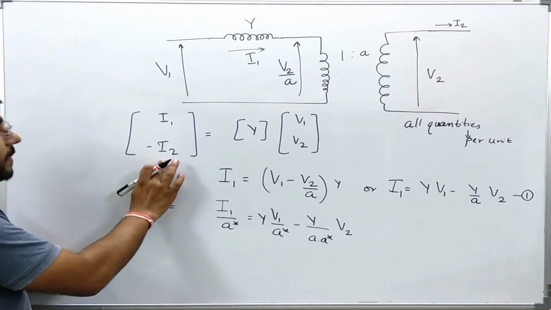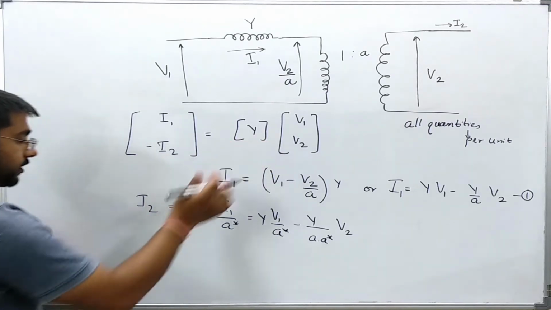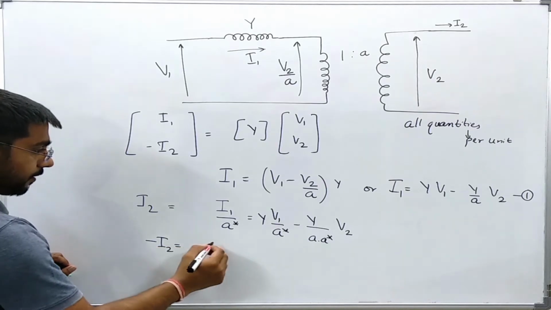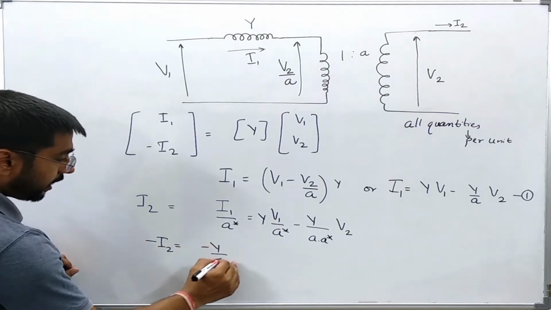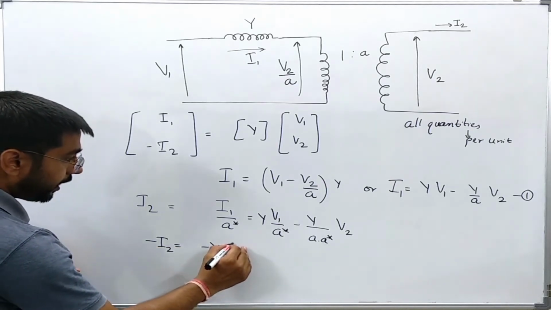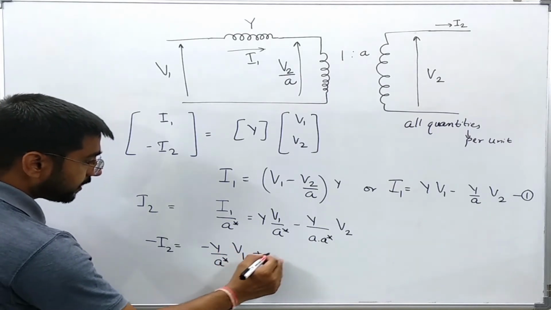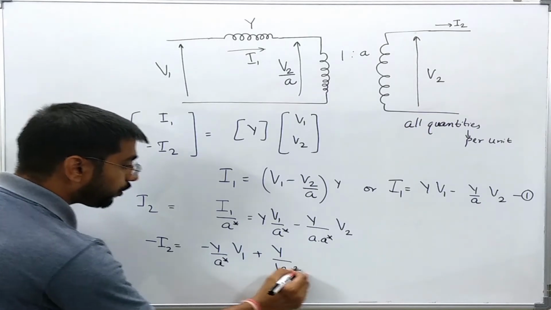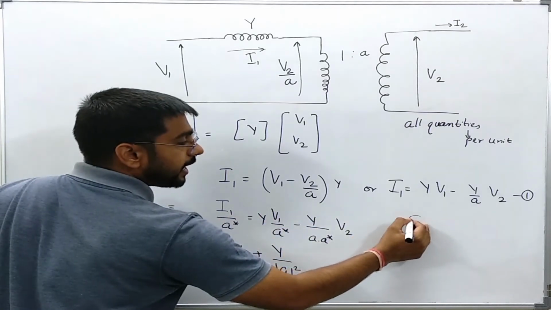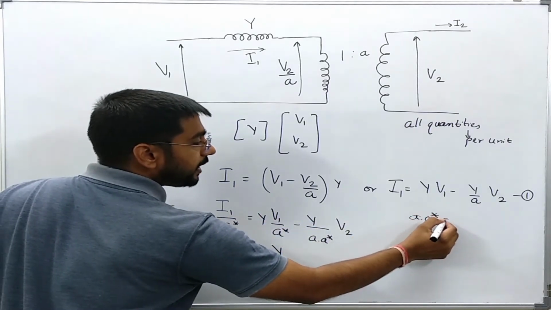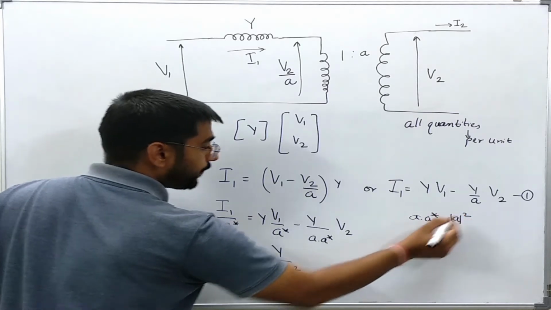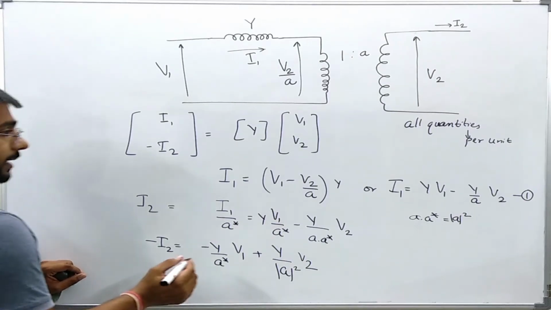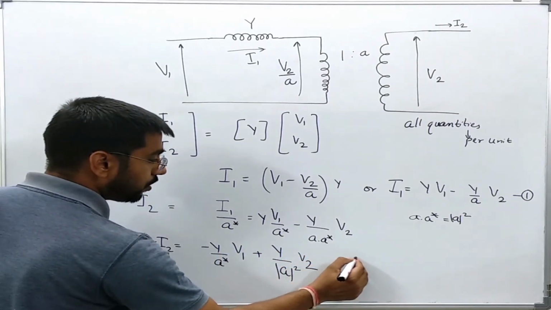I need to get minus I2 to get the Y matrix. So minus I2 will be minus Y over A conjugate into V1 plus Y over A magnitude squared. Why? Because A into A conjugate is simply A magnitude squared into V2. Let us say this is equation 2.